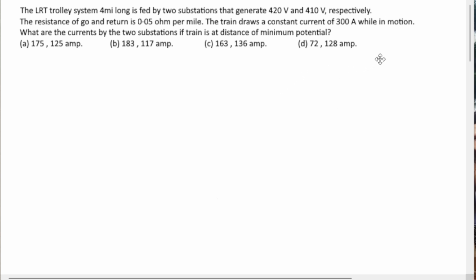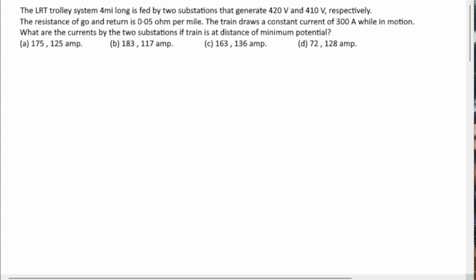Then once you get the resistance, okay na, it's easier to solve for the currents supplied by both of the substations. But in this case, we still need to solve for that distance, where the potential or the voltage across the trolley is minimum.